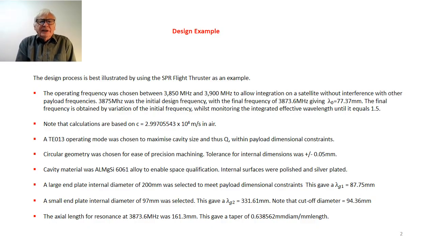We selected the frequency in the middle of that range, so 3,875 megahertz was our initial design input. The final design ended up at 3,873.6 megahertz, so it's pretty close to the input requirements. And this gave a lambda naught free space wavelength of 77.37 millimeters.